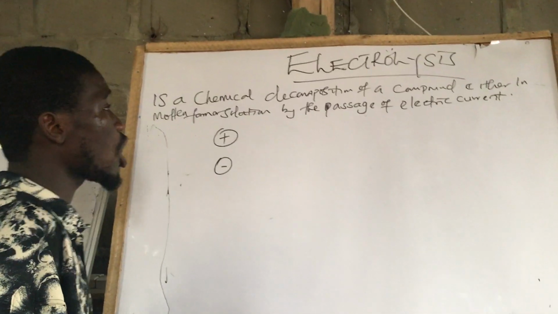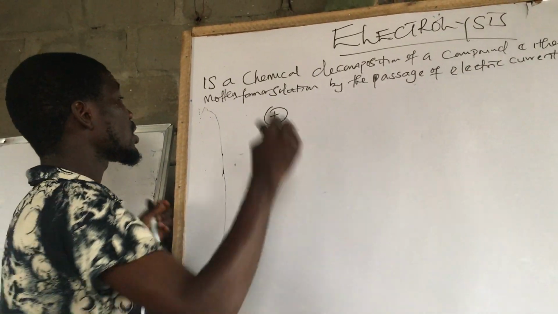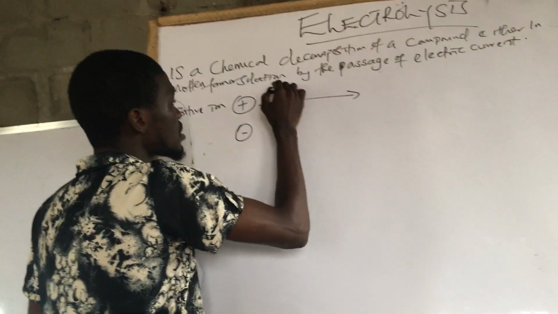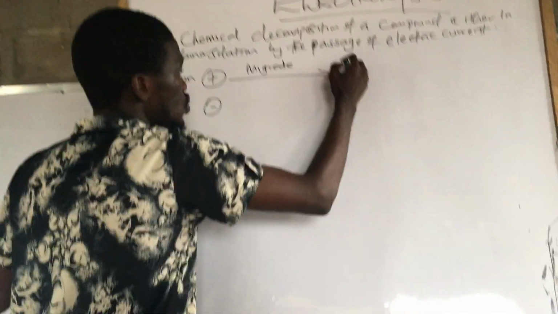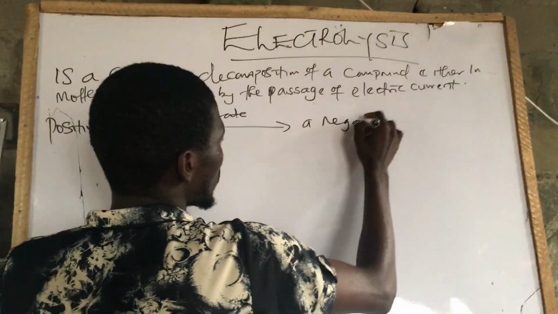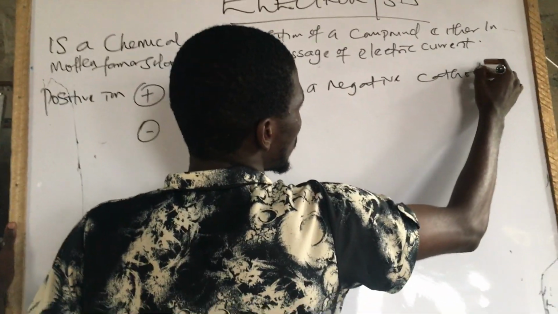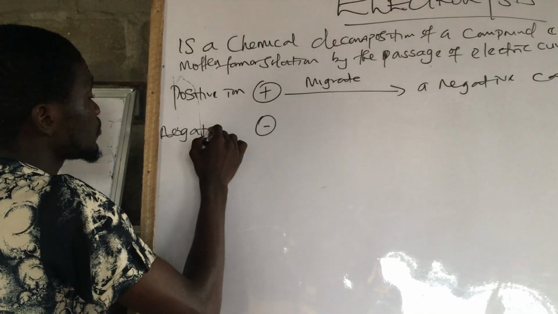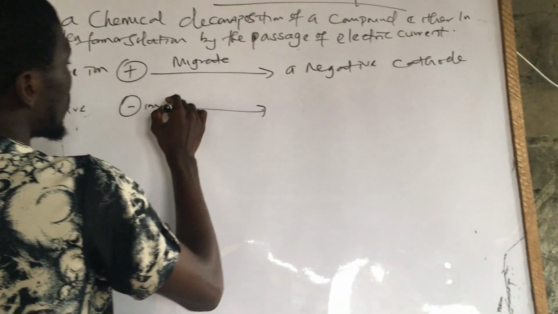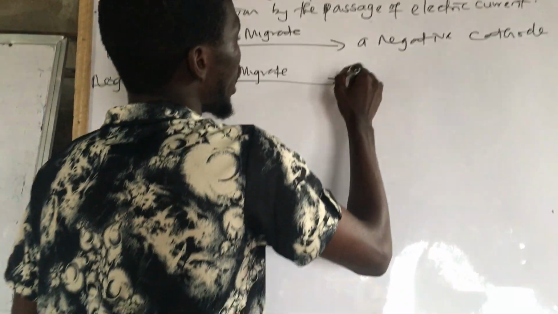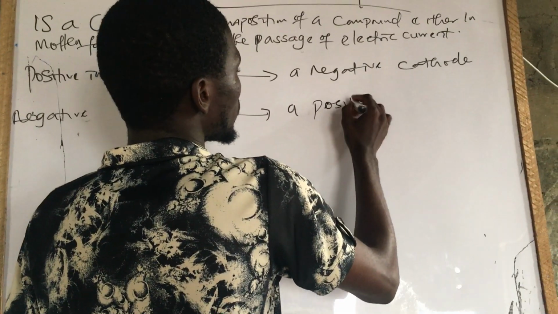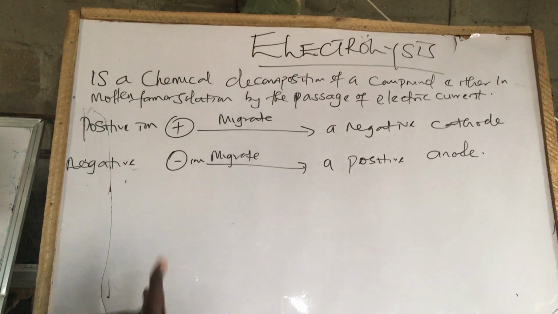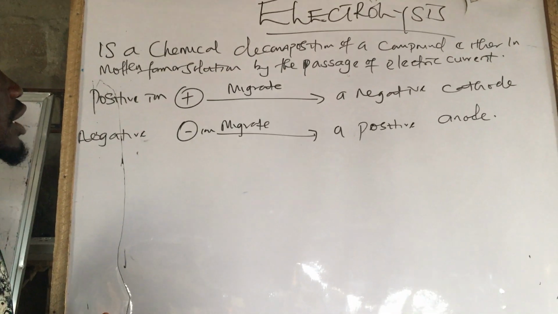One thing you should note when it comes to the passage of electric current: the positive ion migrates to a negative cathode, and the negative ion migrates to a positive anode.